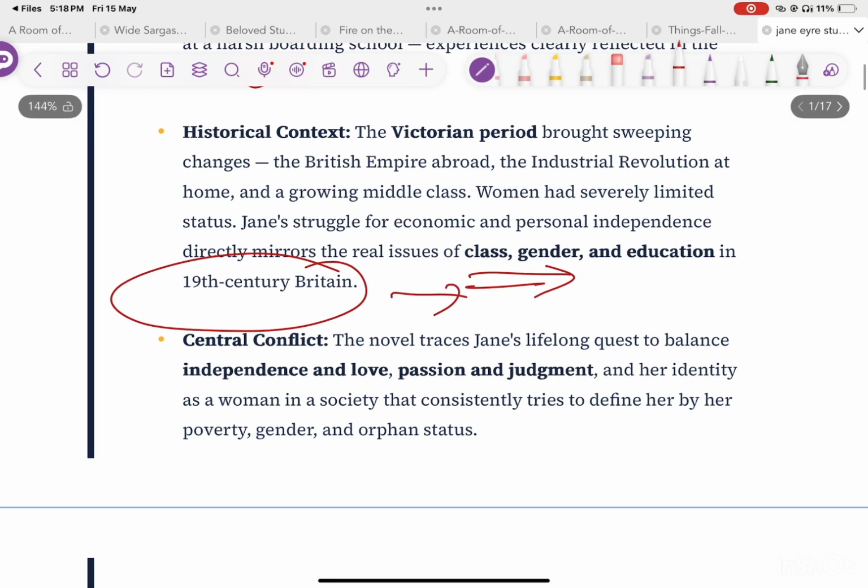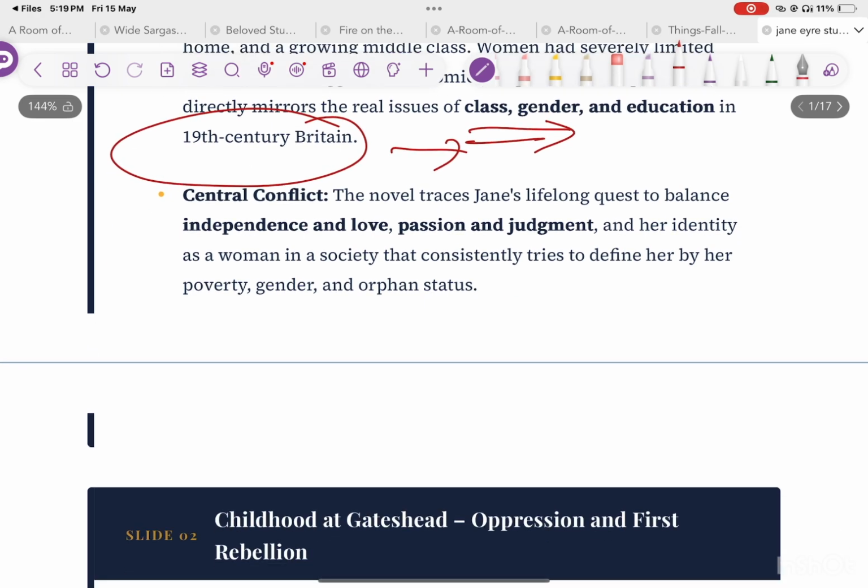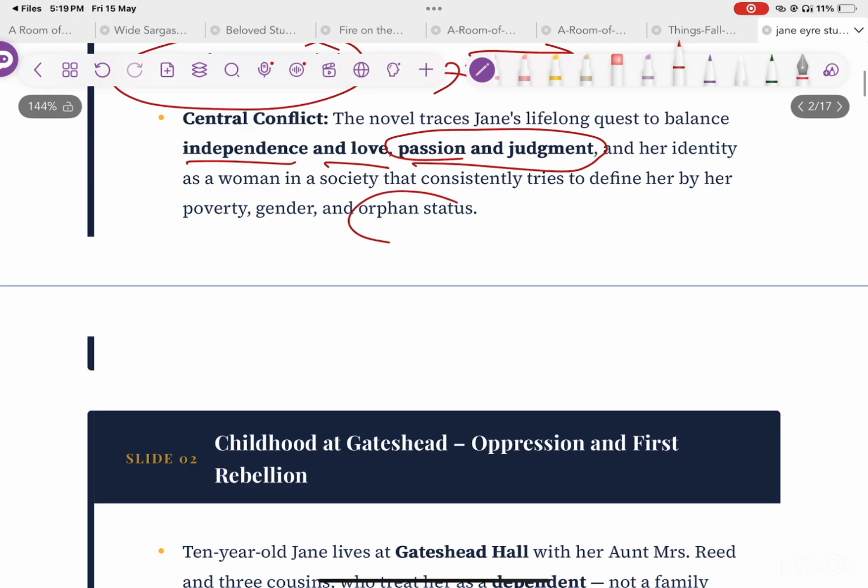And what is the central conflict of the novel? Let's look at the central conflict of the novel. The novel traces Jane's lifelong quest to balance independence and love, passion and judgment, and her identity as a woman in a society that constantly tries to define her by her poverty, gender, and orphan status. From the beginning of the novel, we see that Jane is always disappointed by her status because she thinks she is low born, and she lives on the mercy of her aunt, Mrs. Reed.